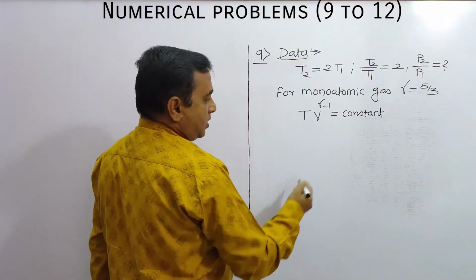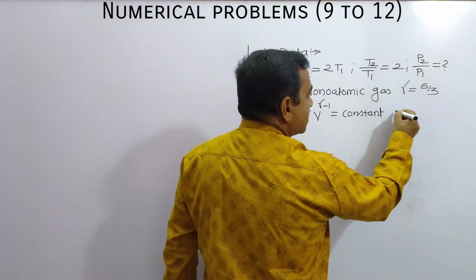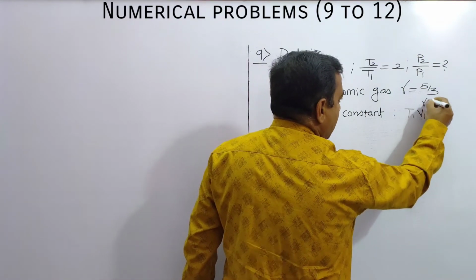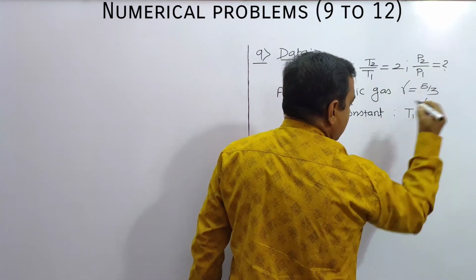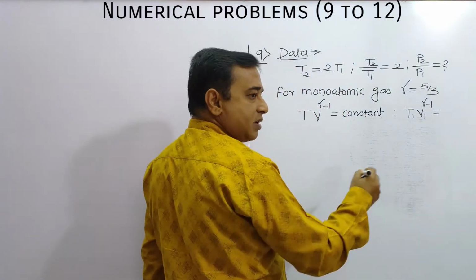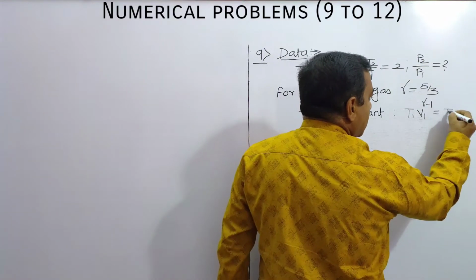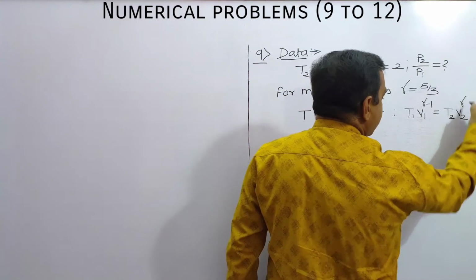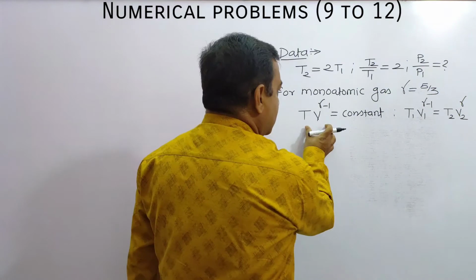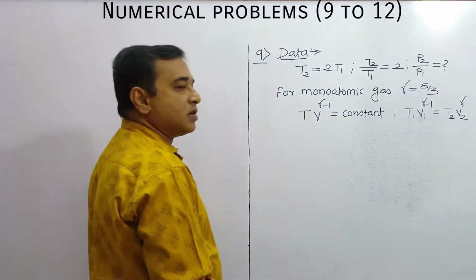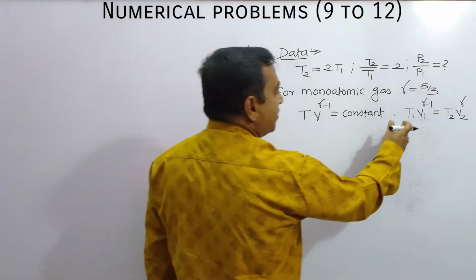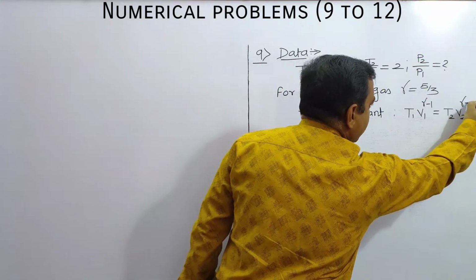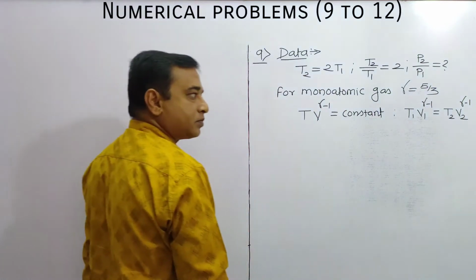Now using this, I am going to write the two equations, that is T1 V1 raised to power gamma minus 1 is equal to T2 V2 raised to power gamma minus 1, as T V raised to power gamma minus 1 is constant.